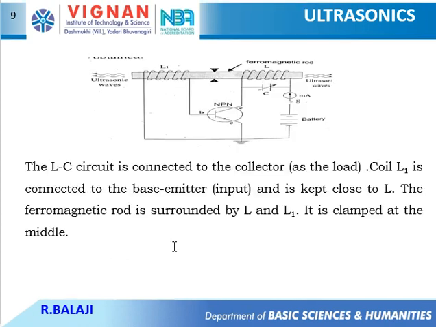So the LC circuit is connected to the collector. The coil L1 is connected to the base emitter and is kept close to L. The ferromagnetic rod is surrounded by L and L1. It is clamped at the middle.